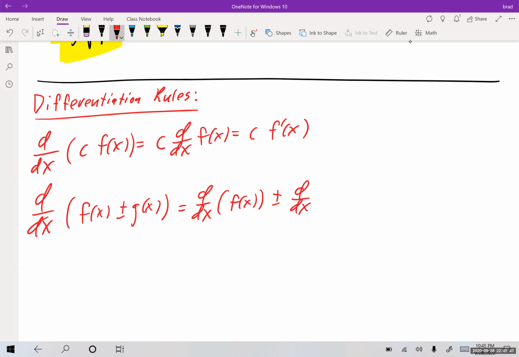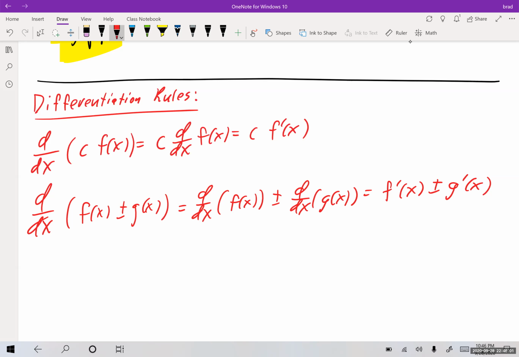So what this is basically saying is you can take the derivative term by term through addition or subtraction. Multiplication is a different story. The only one I told you right now is the constant multiple for multiplication. But if it was a function times a function, that's what we're going to need in the next section. But for now, whenever you have addition or subtraction, you are allowed to take the derivative term by term.